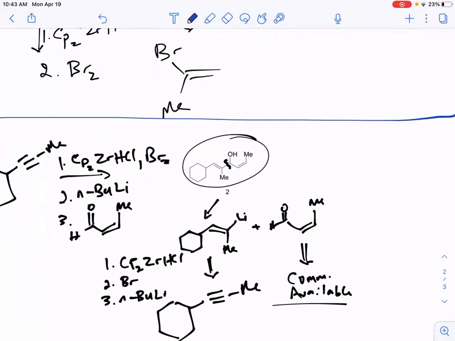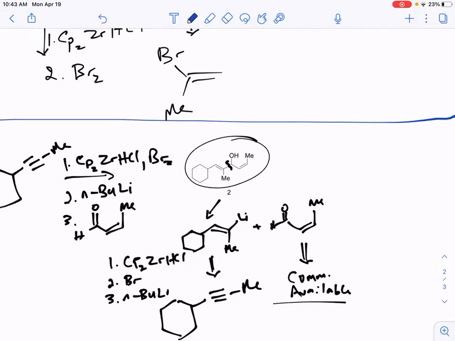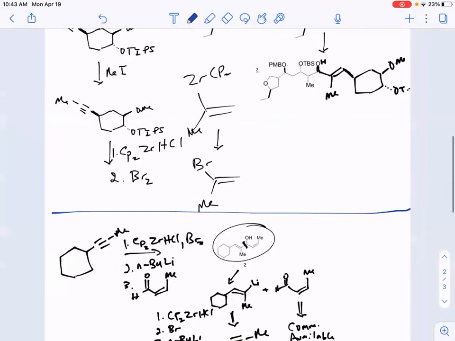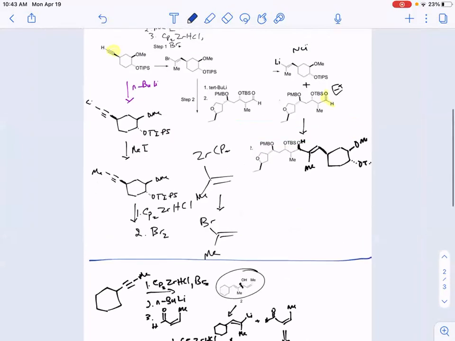In this case, you could buy the crotonaldehyde, but the vinyl, that's not commercially available. So you have to make that. So that's why it's important to remember all these different methods that are available. And it's case by case, because some molecules are going to require different types of reactions.